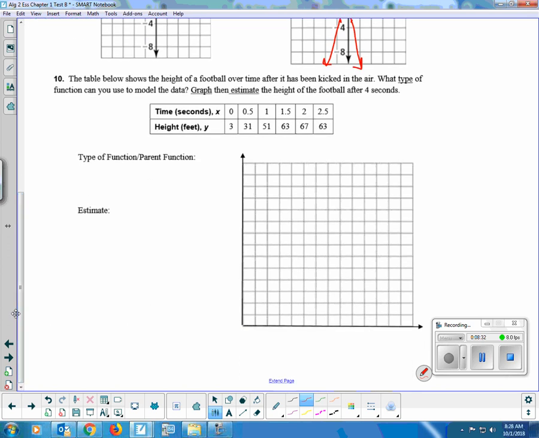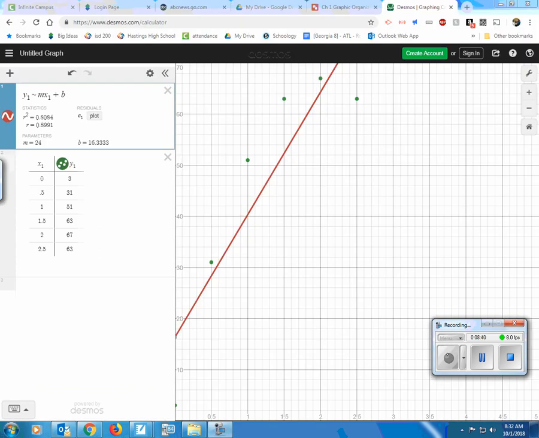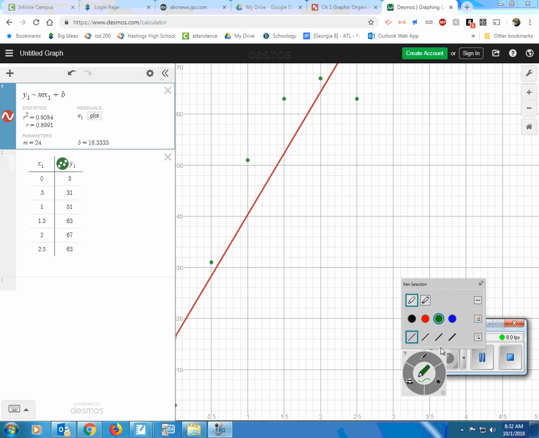All right, I'm going to press pause, and I'm going to enter this into Desmos so we can take a look at what that might look like. All right, so I've gone and filled in my Desmos. Remember y sub 1 is the squiggly line m x sub 1 plus b.